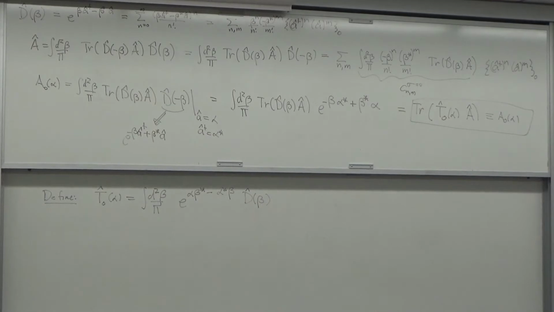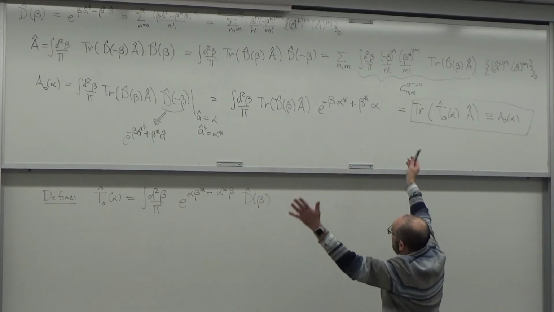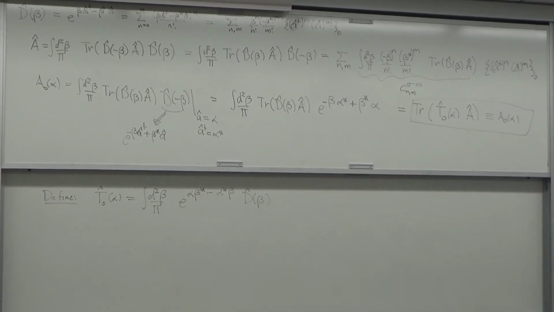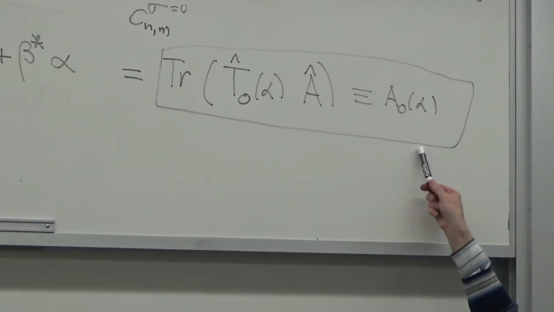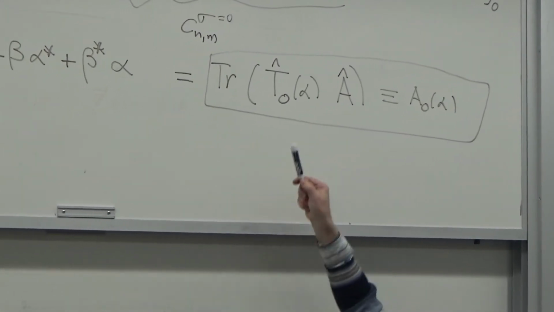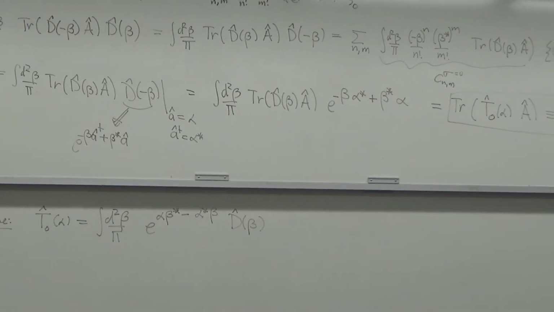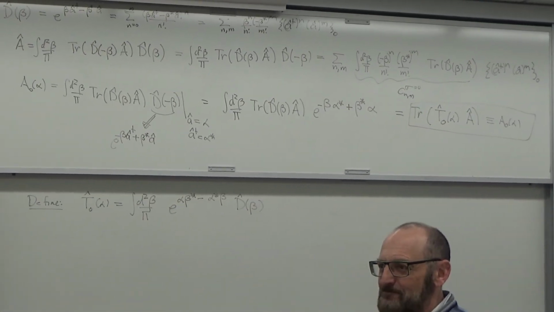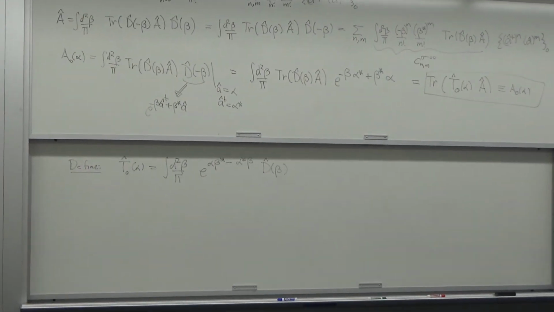Okay, so what I did is I brought that integral into the trace, and when I do that, I get this. So the way that I calculate this symmetrically ordered representation is I take the trace of the operator with this operator T. Now, what the heck is this operator T? Anyone have a guess on what it is? What is this representing?